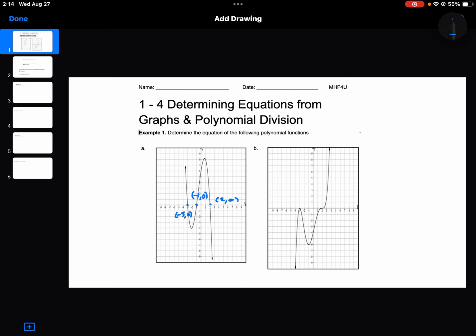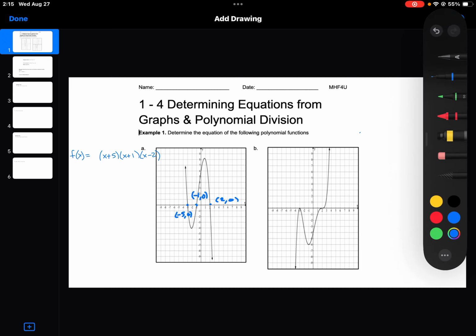So I'm going to do a on the left-hand side here. I'm going to say f of x is going to be equal to (x + 5)(x + 1)(x - 2). Now, we are looking at a specific function that passes through a particular value.